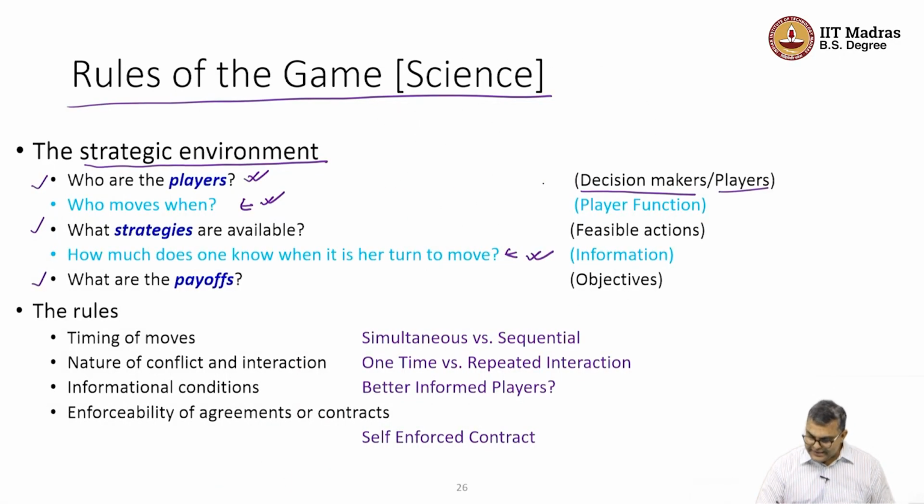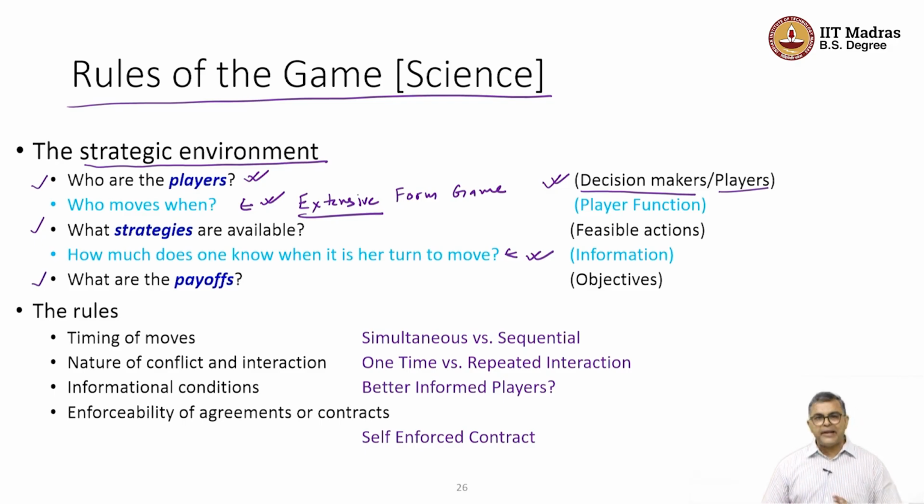So, we have already discussed who the decision makers are, we call them players. Who moves when? This is important in an extensive form game. Extensive, as the name indicates, gives all the detail, while in a normal form game or strategic form game we omit certain details.